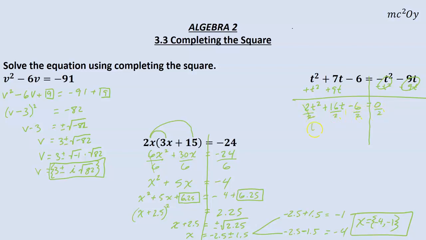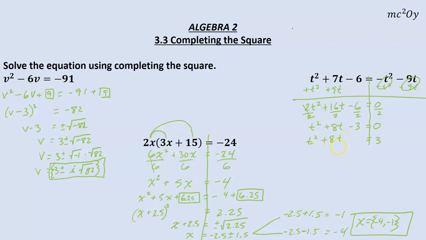Here it gives me t squared plus 8t minus 3 equals 0. Now I'm going to add the 3 over. So t squared plus 8t equals 3, putting the 3 on the other side by adding 3. I moved it because I know that if I cut this in half and square it, that's not going to be 3.